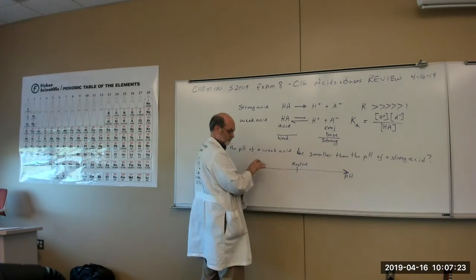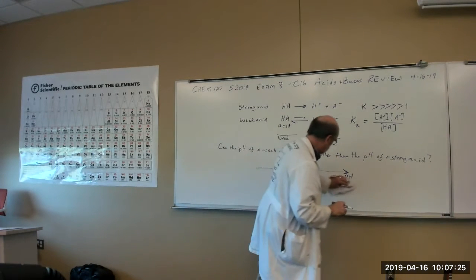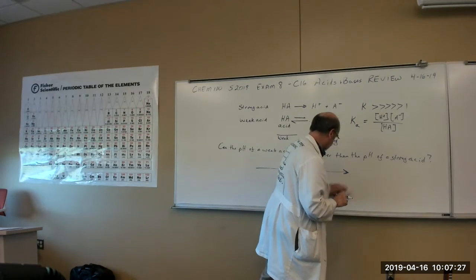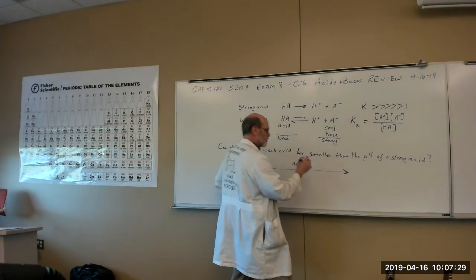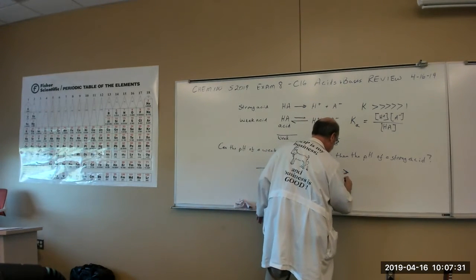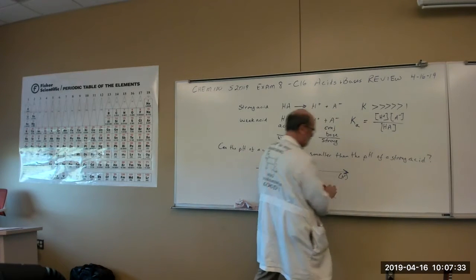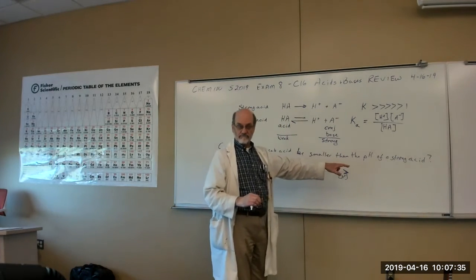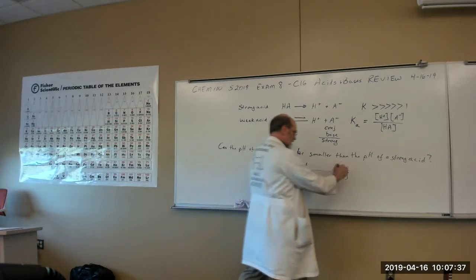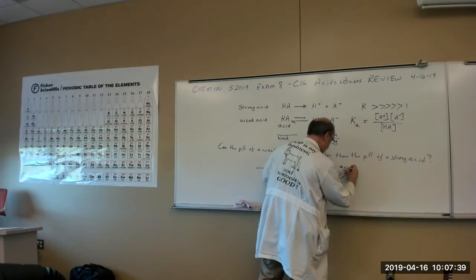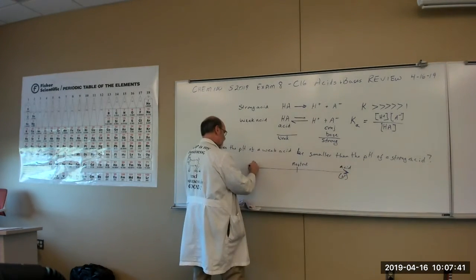Hold on a second. Let's do it this way. Let's do hydrogen ion concentration. It's increasing in that direction, right? So this is going to be acidic. That means this side is going to be basic.